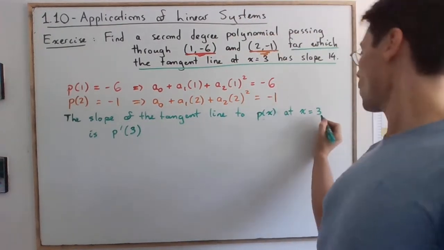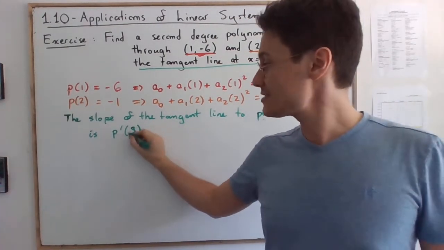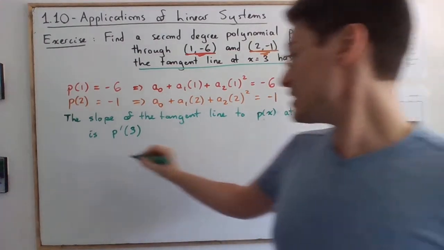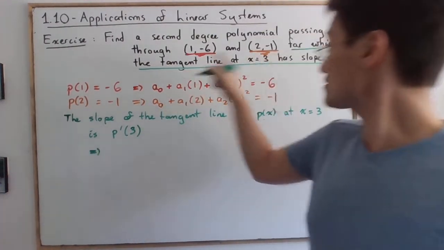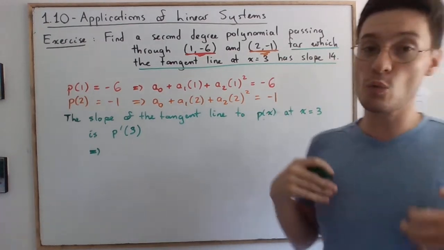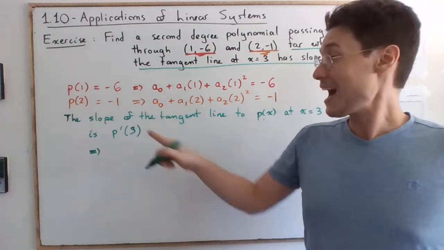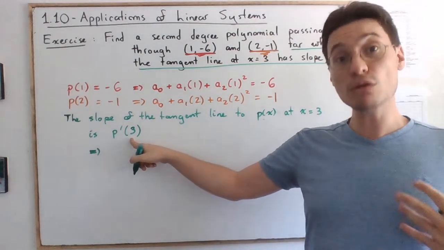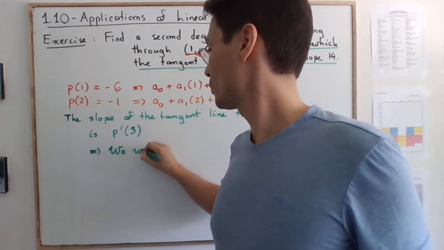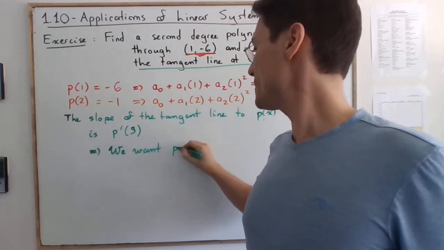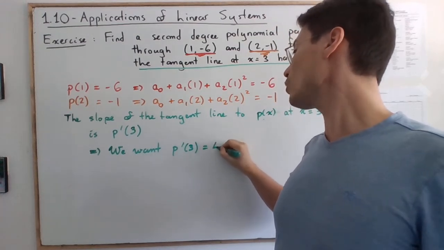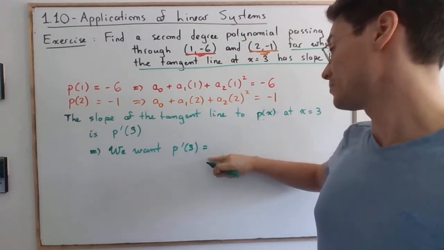Whatever value you have, that's the value that you replace in the derivative. So what this third condition is saying is we want the slope to be 14. In other words, we want the derivative at 3 to be equal to 14. So we want p prime of 3 equal to 14.